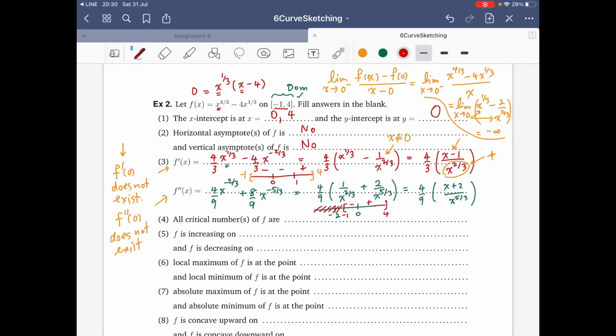As we told you, the critical number can occur at two places: the one where f prime is equal to 0 and the one where f prime does not exist.